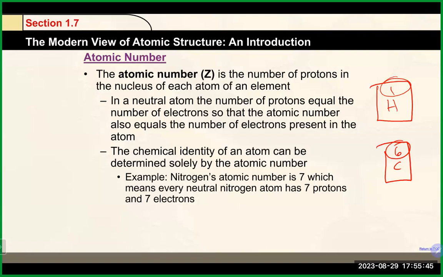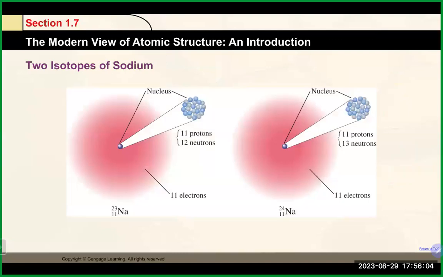Every element has a unique atomic number, which means it has a unique number of protons, which means the number of protons is the most important thing in terms of knowing what element you are dealing with. And that's what we saw on the previous slide. If we look at sodium, both isotopes have 11 protons, and that's because sodium has 11 protons, and that's what makes it sodium, not the number of neutrons.